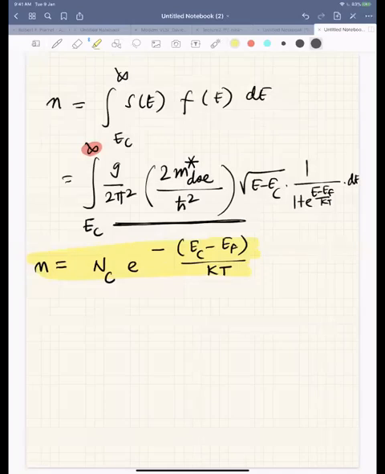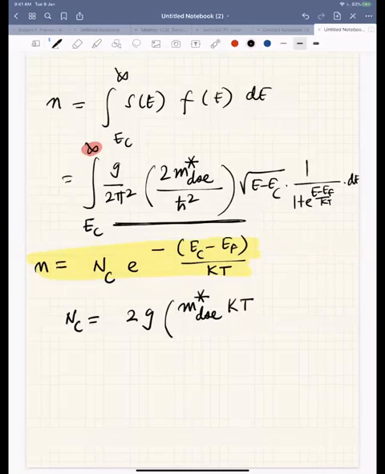So I don't remember what the formula is. Let me look at my notes. So the effective density of states will be 2g m star KT divided by 2 pi h bar square, to the power 3 by 2, right?